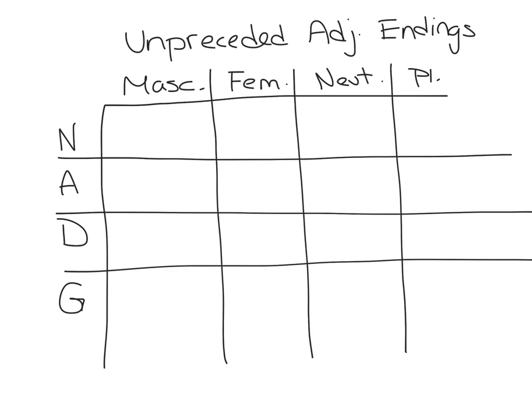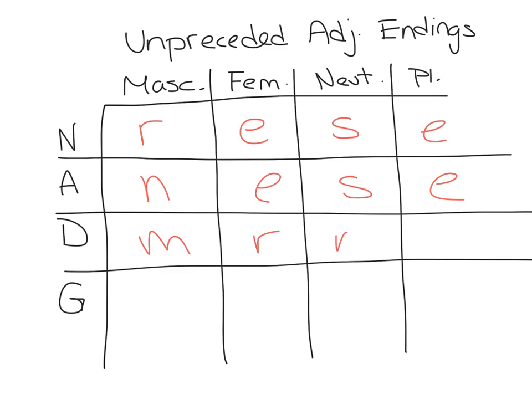This is the one where we talked about Reese, Nisi, Merman, and for genitive, ner. Reese, Nisi, Merman, ner. These are the endings that your adjective would have if they preceded your noun, whether they're masculine, feminine, neuter, plural, nominative, accusative, dative, or genitive.